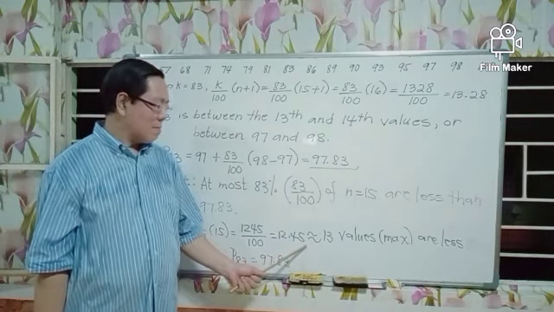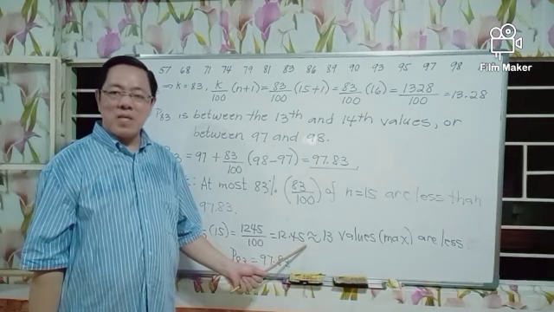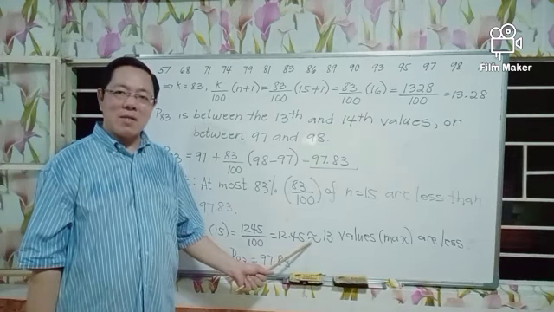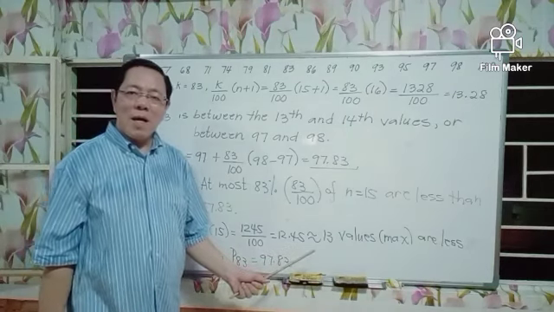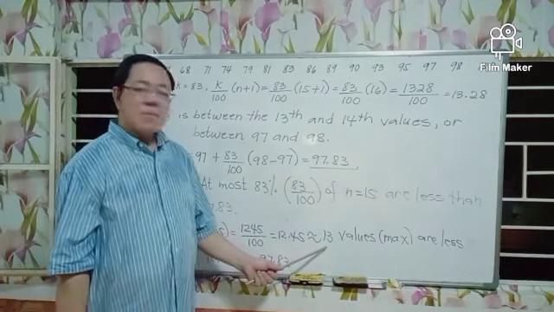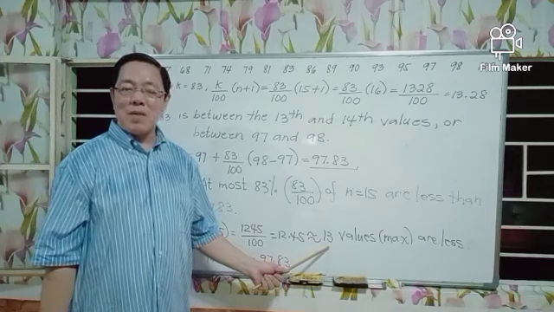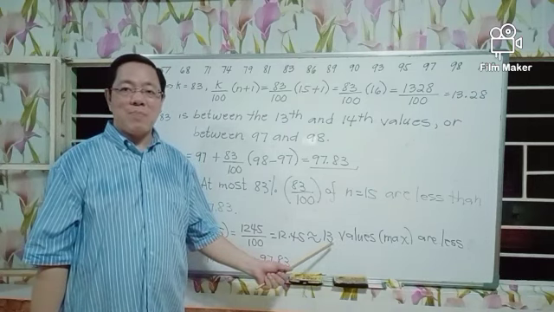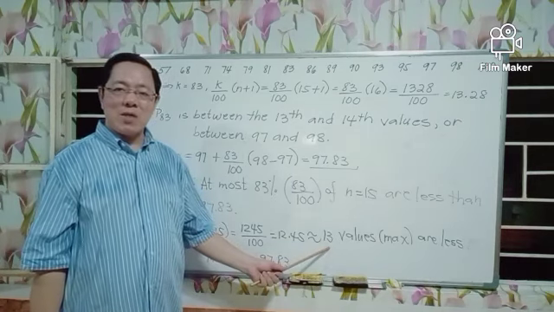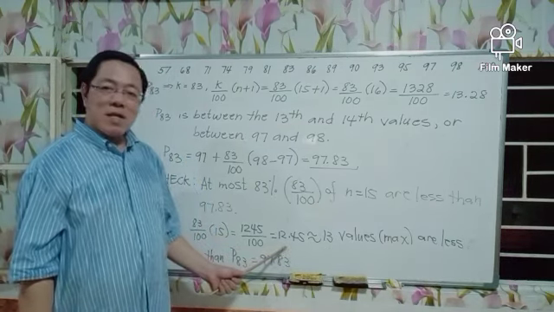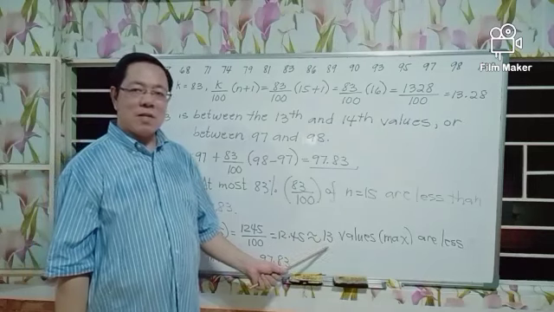Again, if you get a decimal number, take the smallest whole number or positive integer that is greater than the decimal number. The smallest positive integer that is greater than 12.45 is 13.